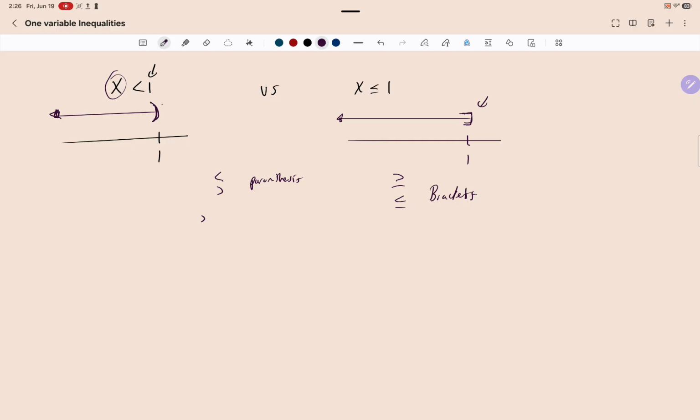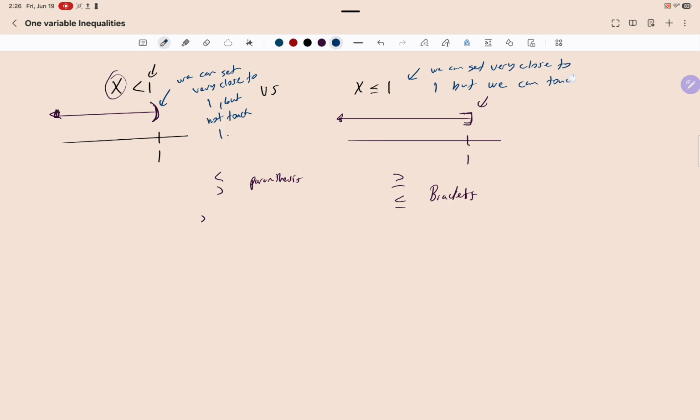And the reason being, it's understood that here we can get very close to 1, but not touch 1. In other words, it cannot equal 1. Whereas here, we can get very close to 1, but we can touch it.